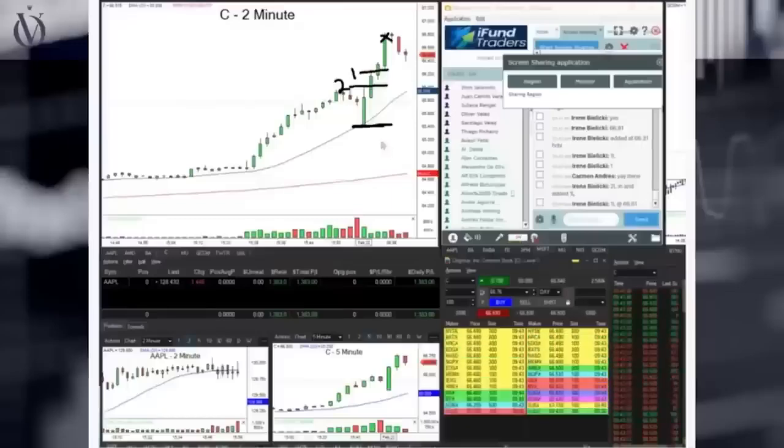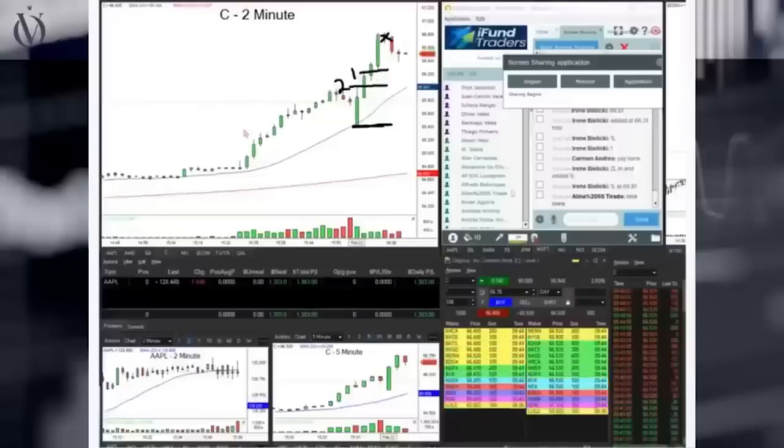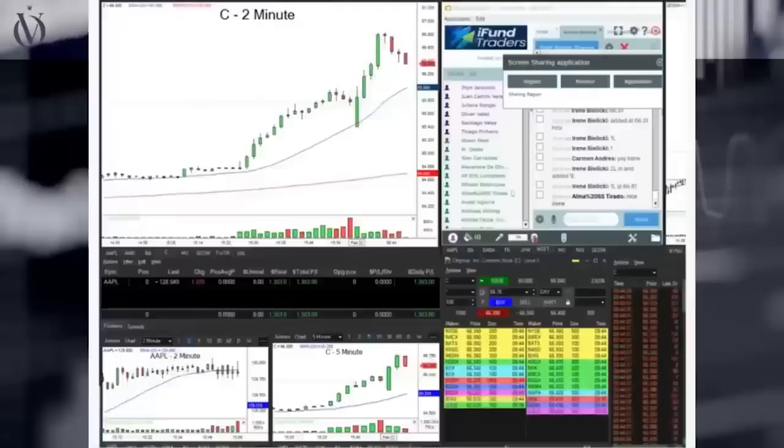Guys, I want you to understand, especially those of you who are new traders, if it's not a scalp trade, which is what I did with Apple today, if it's not a scalp trade, you want to try to add to the play if you're playing the play to be more than a scalp trade.